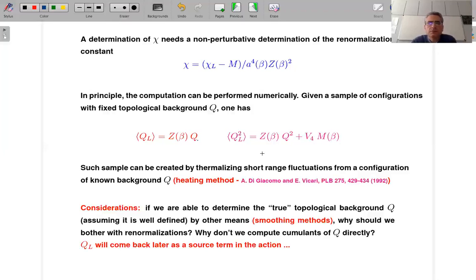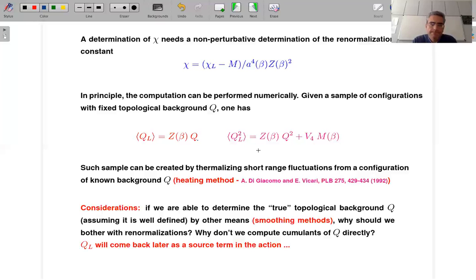Actually, I used it during my PhD thesis. But then, in the last few years, smoothing methods or fermionic definitions are more used. Do you have any question at this point?